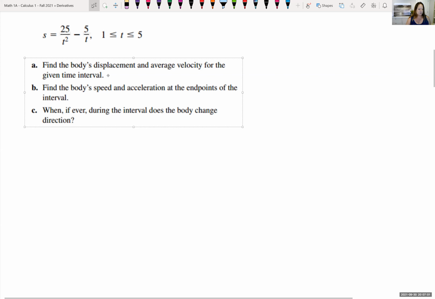So find the body's displacement. We want to figure out what the position was at time 1, and we want to find out what the position was at time t equals 5. And then we want to see what was that distance.